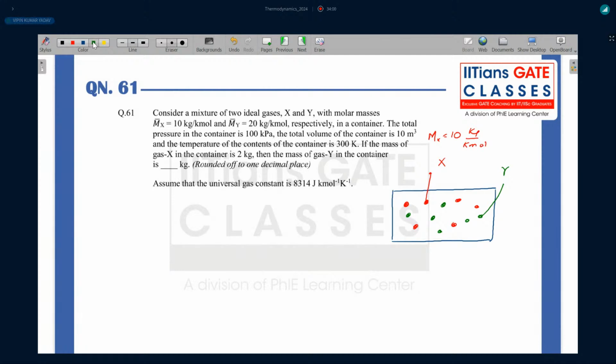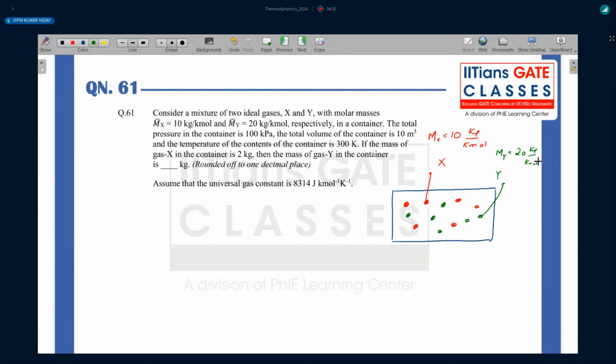And My, molar mass of the Y gas, is equal to 20 kg per kilomole. Y I am talking about, and molecular weight of Y or molar mass of Y is 20 kg per kilomole.